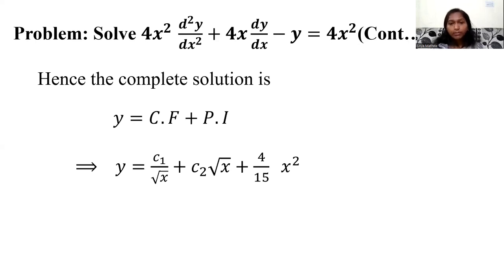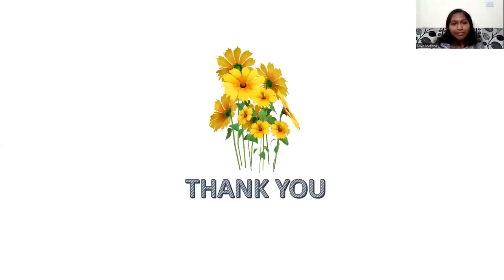This is the method for finding the auxiliary equation, the complementary function and the particular integral, and combining them together to get the complete solution for a homogeneous linear differential equation or Cauchy-Euler equation. So this is an example of a second order Cauchy-Euler equation. Thank you.